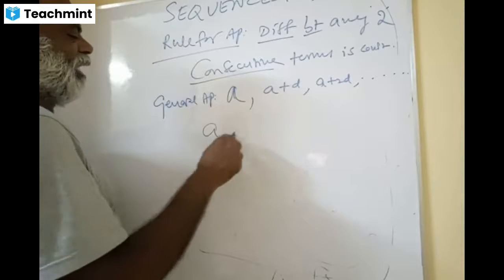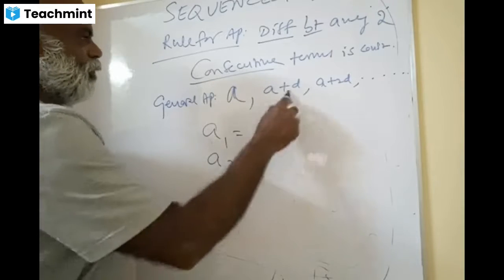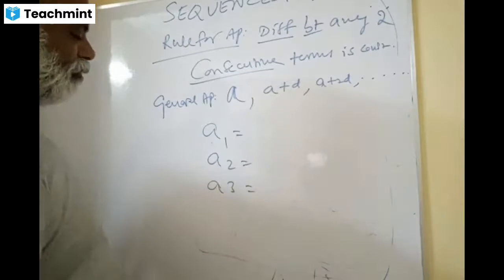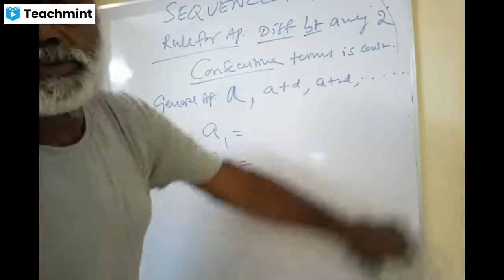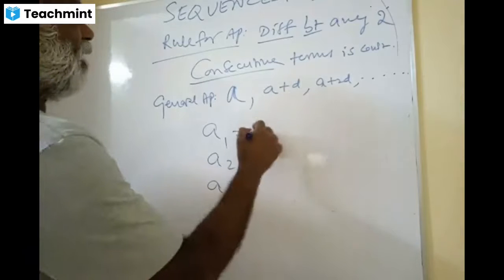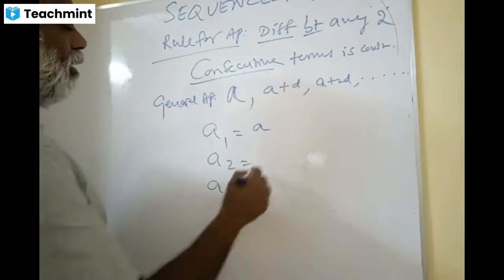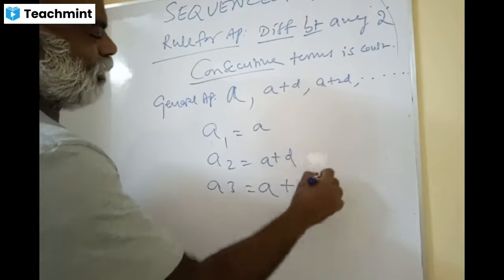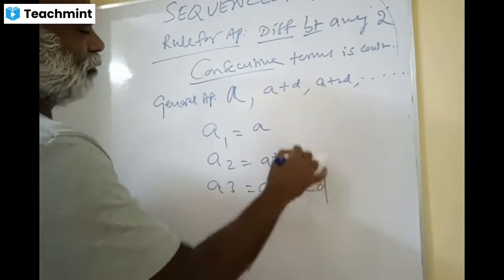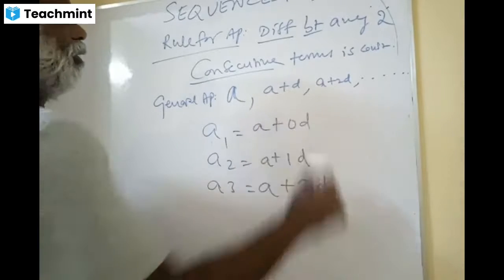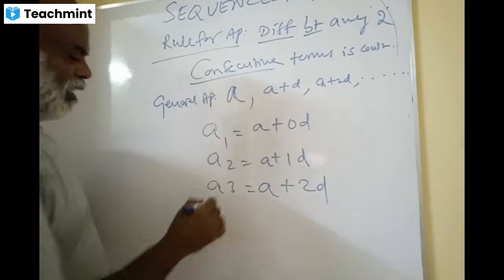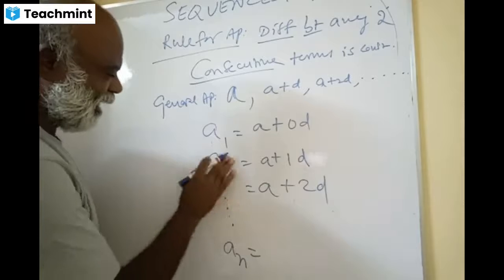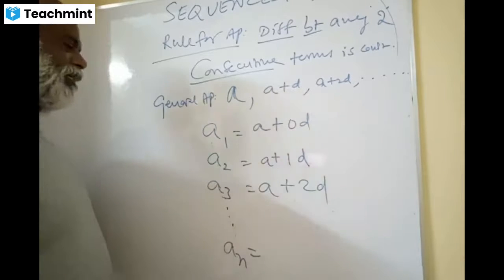This is called our A1, A2, A3, etc. A1 is a, A2 is a plus d, A3 is a plus 2d. If you go on like this, what is An?